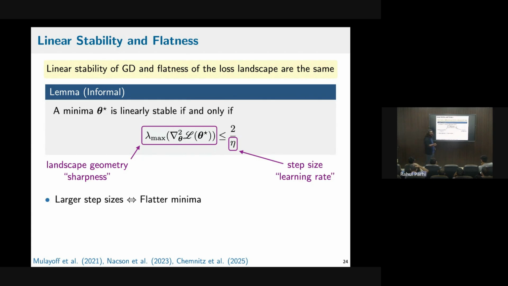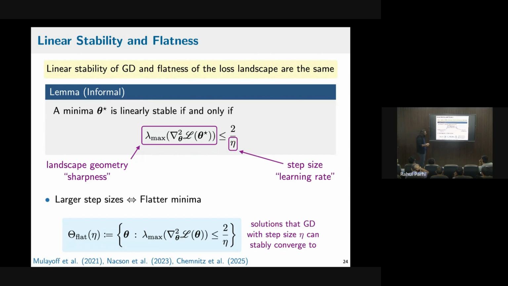So what does this lemma say? It says that larger step sizes are in some sense related to flatter minima. I mean, this implication is loose, right now we're being a bit philosophical. But this lemma motivated us to say, okay, let's look at parameters that satisfy this inequality, and then can we understand the statistical performance of the parameters that live in this class?